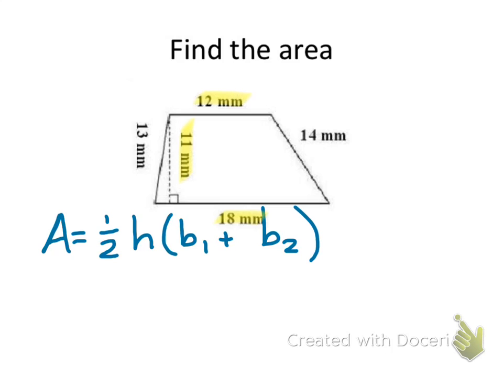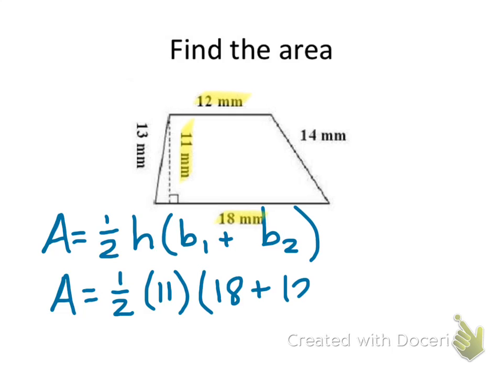So when you put in the numbers, you want to take half times the height, which is 11, times base 1, which is 18, plus base 2. When you add those together, you get 30.